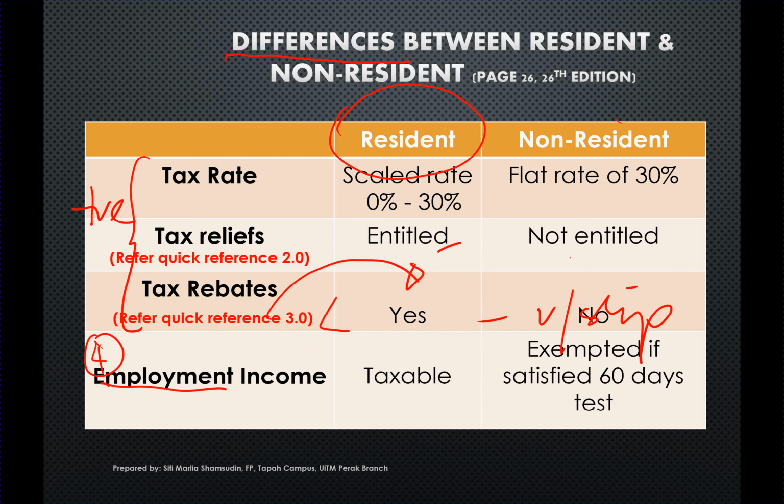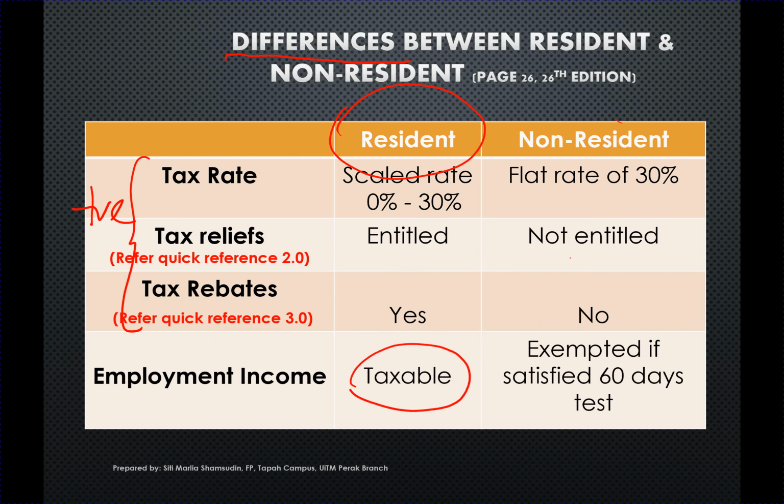For employment income, if you are a resident in Malaysia, okay, whenever you receive employment income, you are going to be taxed on this employment income. Tak kisahlah the duration of your employment tu berapa lama period dia. Katalah awak start kerja pada 1 Januari 2021, baru kerja sebulan dah tak happy. So on the 31st of January 2021, which is within 1 month, you tender a resignation letter.